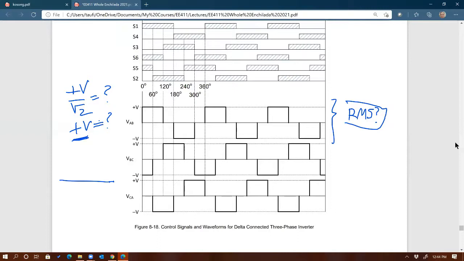Okay. And what is the equation for RMS? What is the general equation for RMS for any given periodic waveform? Come on, EEs, you need to know this.